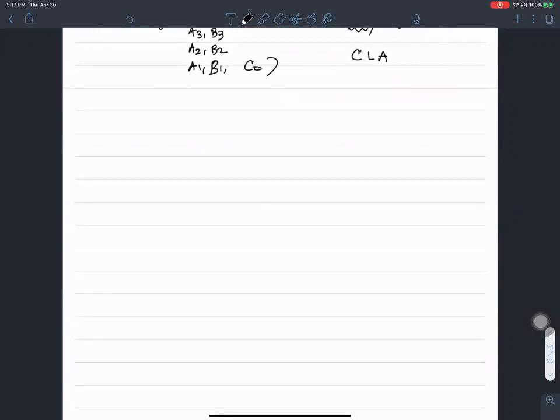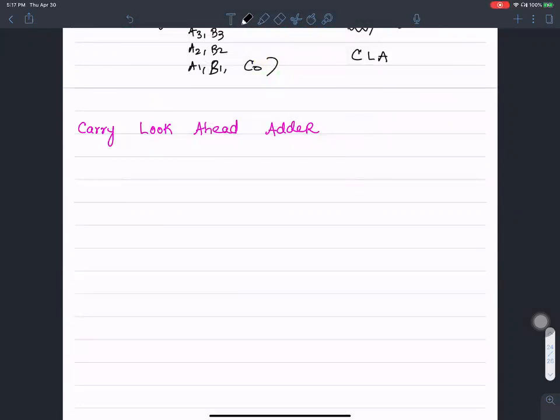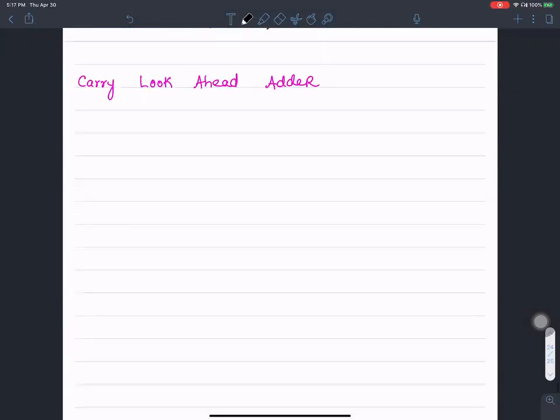Okay, so we are going to discuss carry look ahead adder. If you remember, I defined a few terms in the previous class: propagates, P, generates, G, and kill terms.